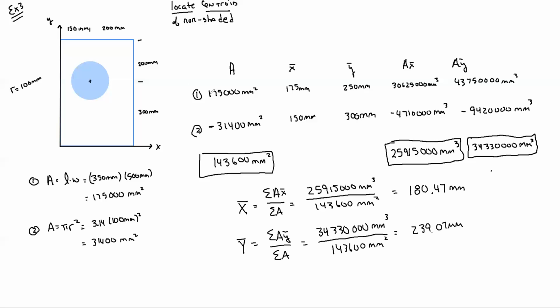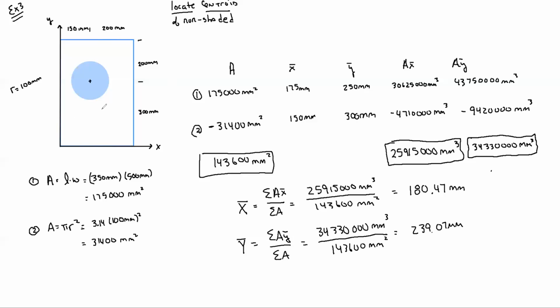So what does that mean? That means that the centroid for this object, the non-shaded portion, is at 180 over, so that's got to be past 150, and up 239.